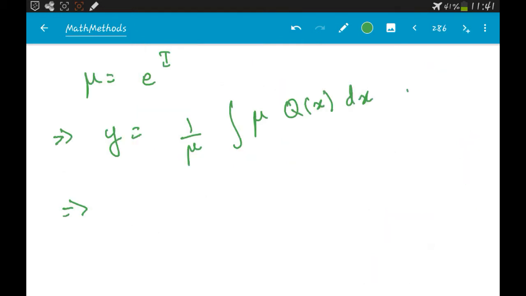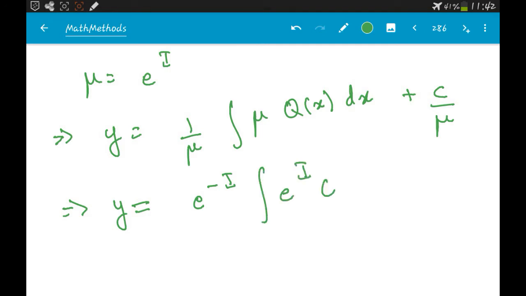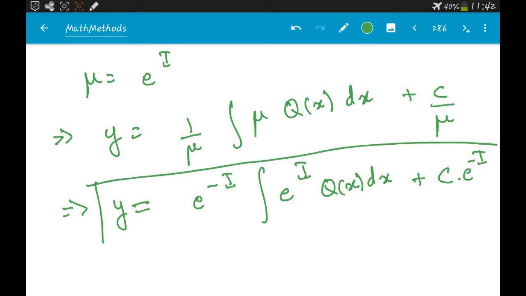Now we can just substitute. So y will be nothing but e power minus I into integral of e power I q of x dx plus c into e power minus I.